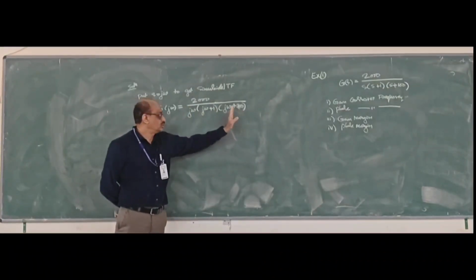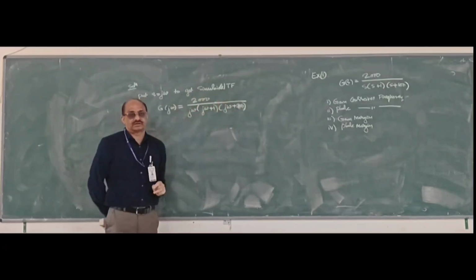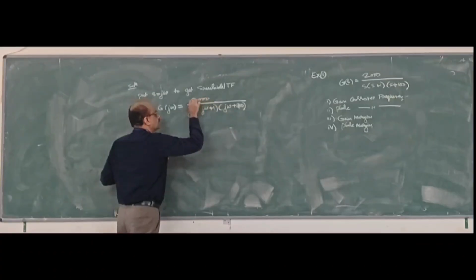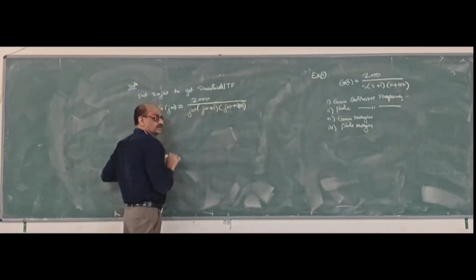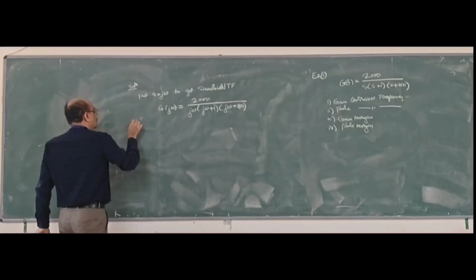It should be 1 plus j omega times some factor. So what do you have to do? Divide both numerator and denominator by 100, and then it will be in that form.